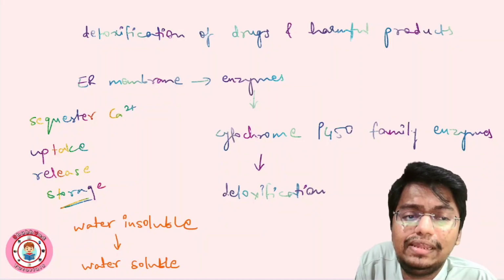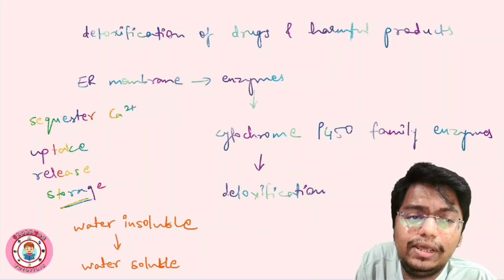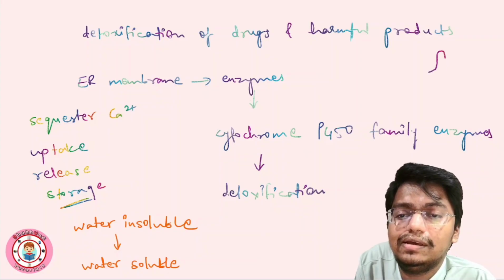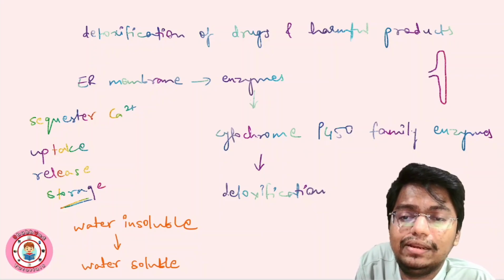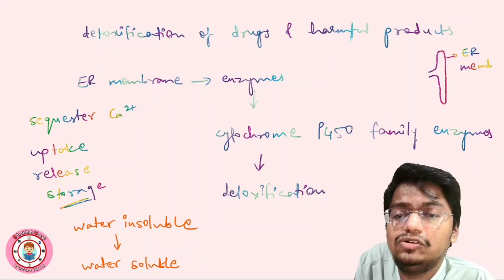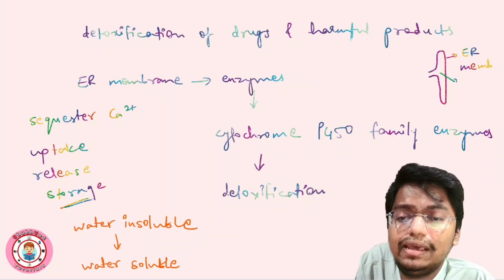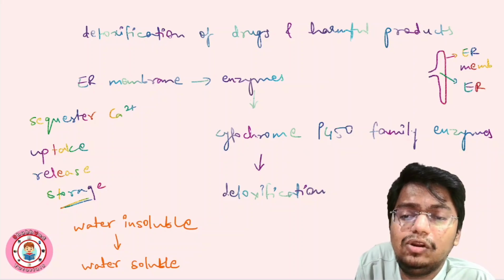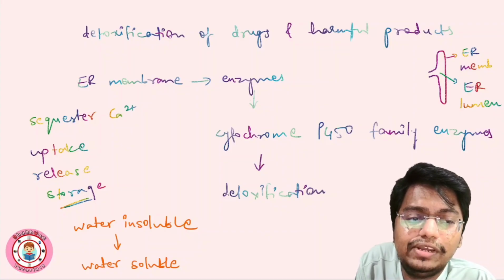So about structure, see, this is an ER. This line is the membrane, the ER membrane, right? And the space inside is the ER lumen. Okay, ER lumen. This is the structure of ER.